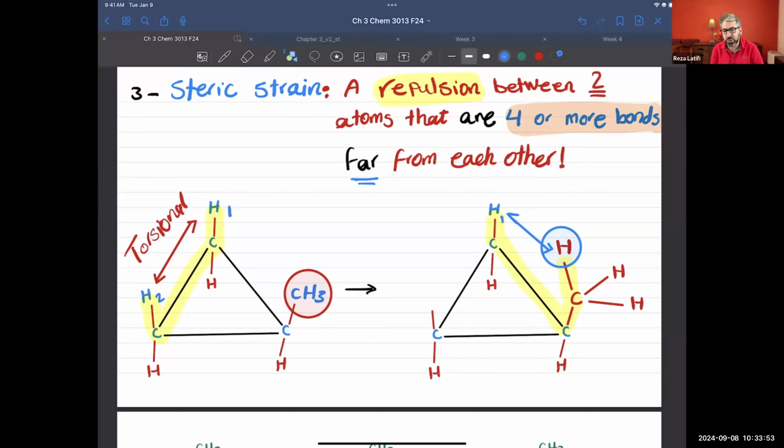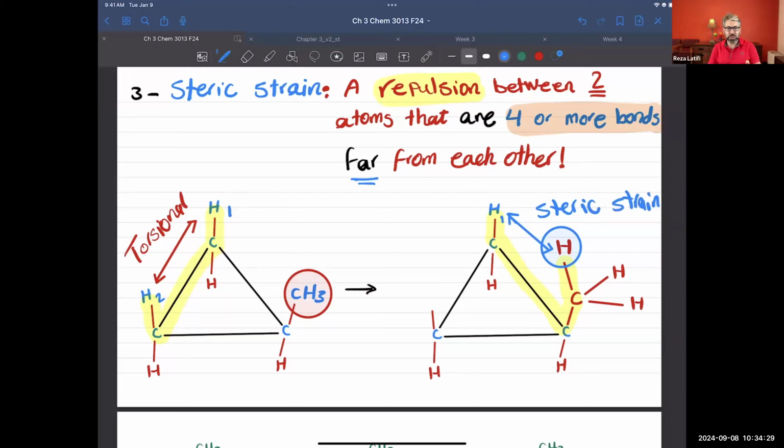Because it's getting too close, we get a new repulsion, and again we call it steric repulsion. It doesn't mean it's not repulsion. It is a repulsion. What's the difference between torsional and steric? Steric, you're too close to another atom, and you need to have at least 4 bonds. I'm going to call this one steric strain.